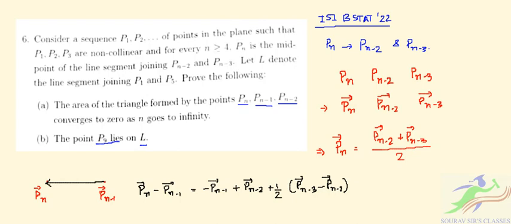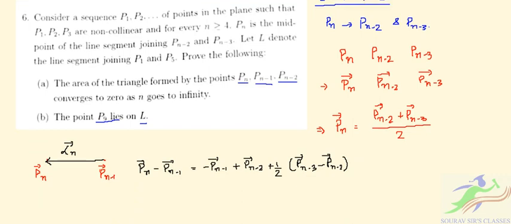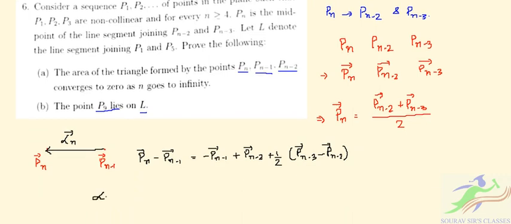Now consider the length. This is the base of the area of the triangle. If I consider ln to be this length of the triangle, then ln can be written as: ln is equal to minus ln minus 1 minus half of ln minus 2.